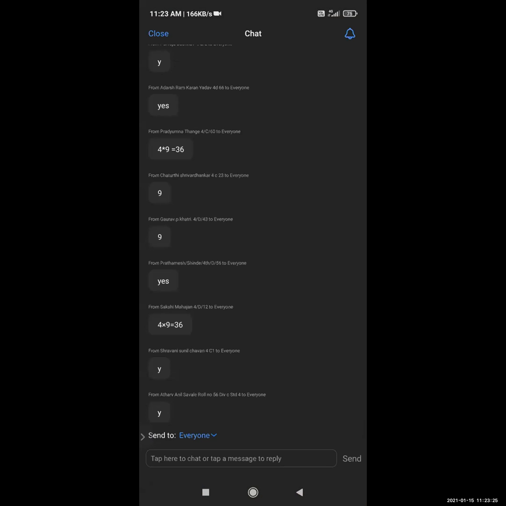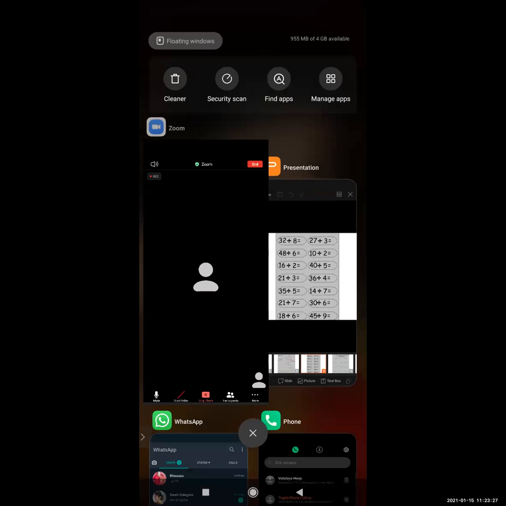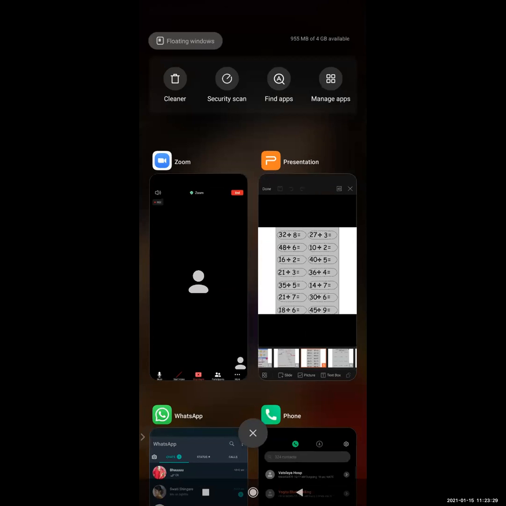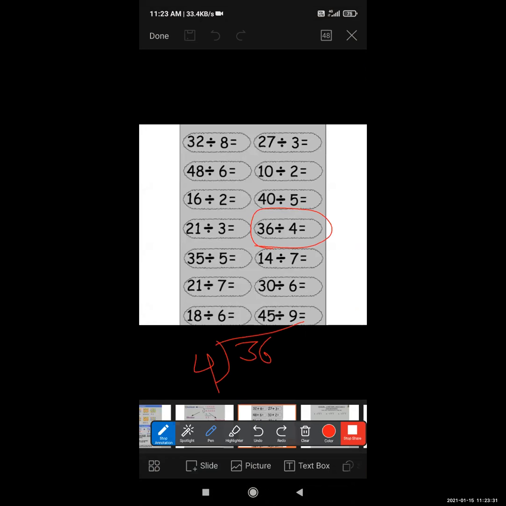Take the smaller number. But if the same number is there, then what to do? 4 9s are 36, right? 36 minus 36, your answer is 0, right?